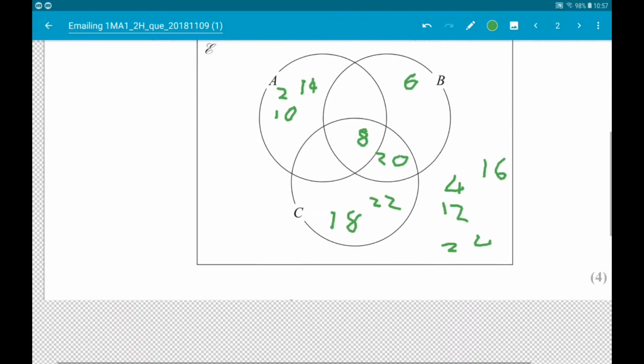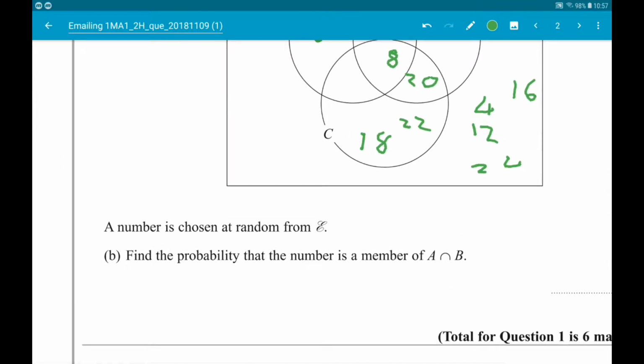Okay, and then part B tells us that a number is chosen at random from the universal set. Find the probability that the number is a member of A intersection B. So altogether we know there are 12 even numbers.